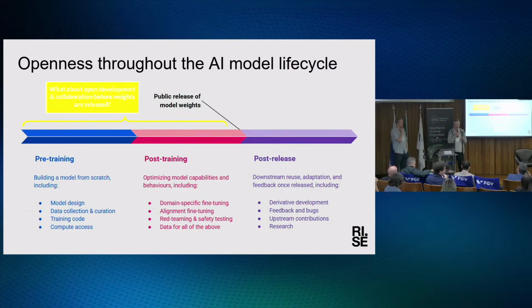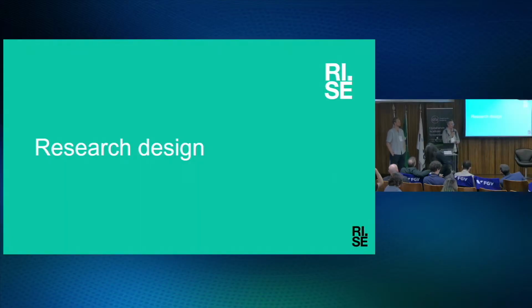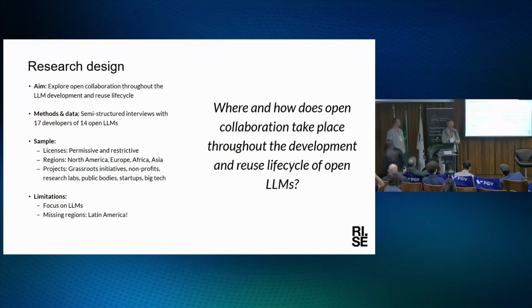These developments, or these trainings, need access to core compute, and that's not always achievable. So there are different new types of contributions that we need to recognize. So that's the background, and then for a brief summary of the methodology.